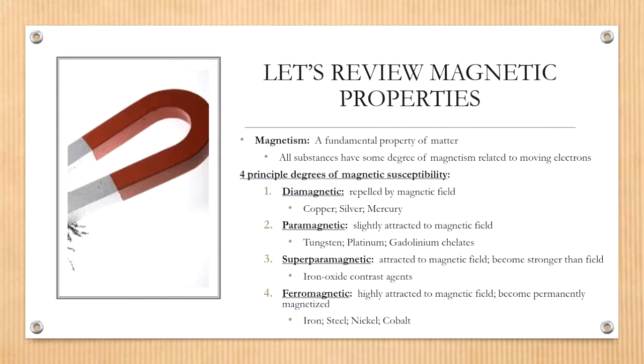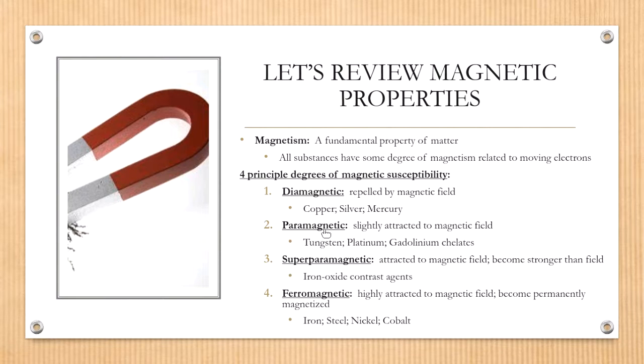Those are the 4 breakdowns, and I've spelled it out for you for how they interact with magnetic fields, as well as different types of material or substances that fall within those categories. Notice that gadolinium chelates, which is actually what we use. We do not use just straight gadolinium as a contrast agent. We use what's called a chelate, a gadolinium chelate. And so that's identified as a paramagnetic substance.